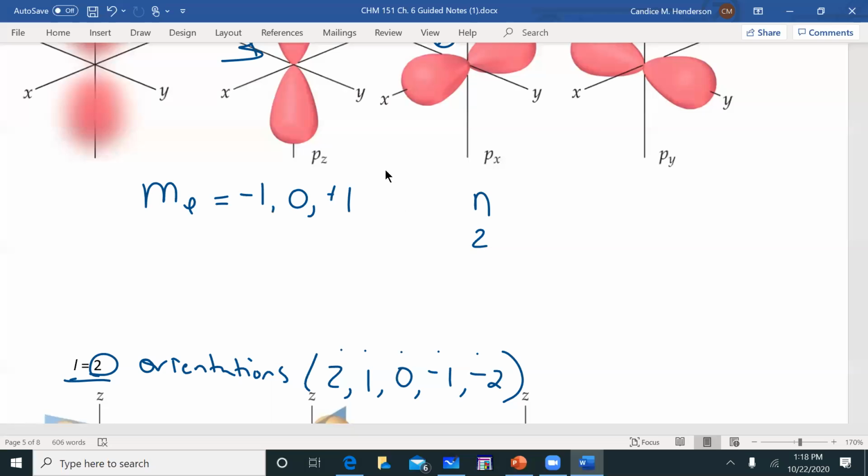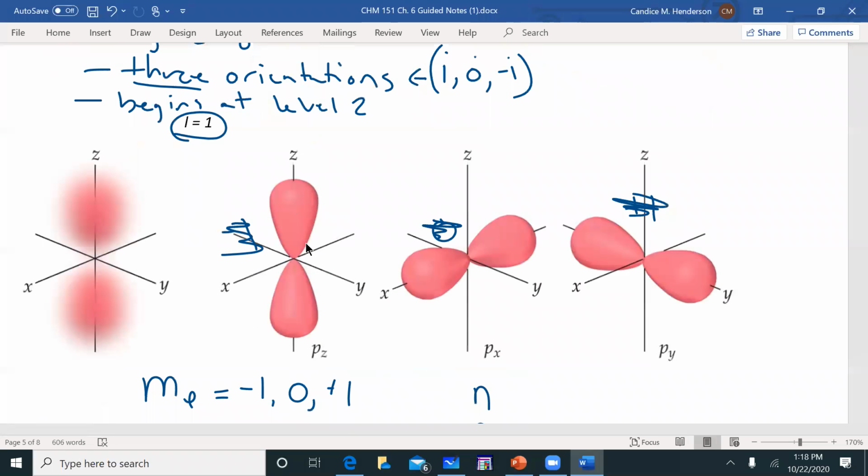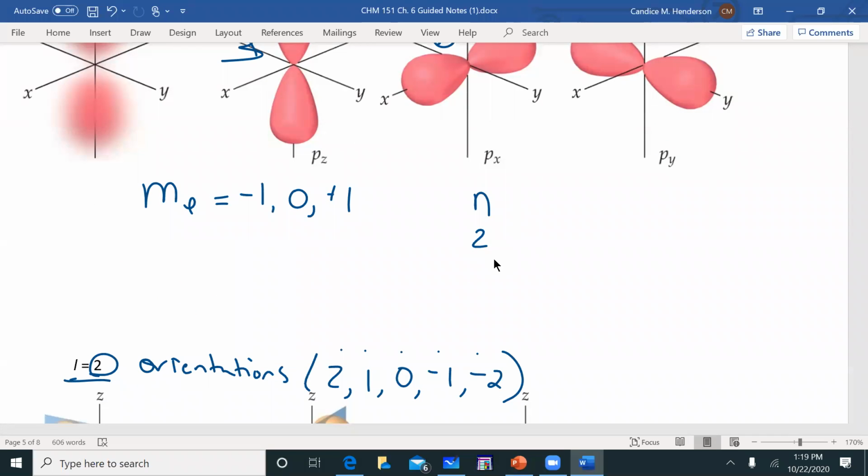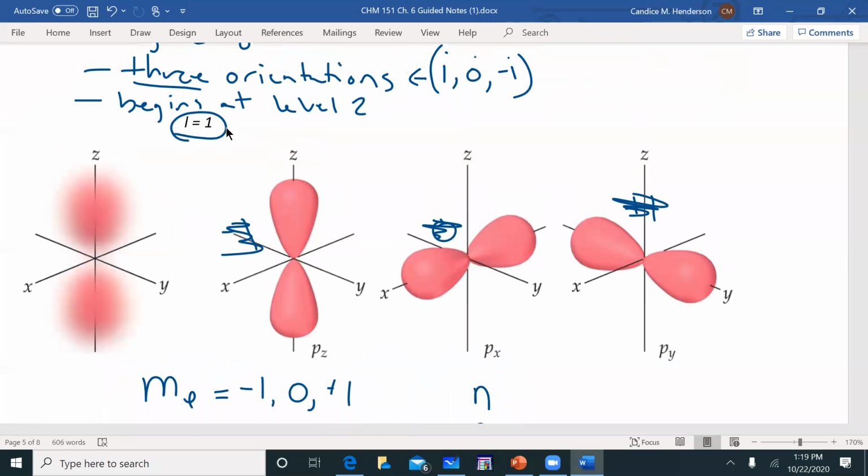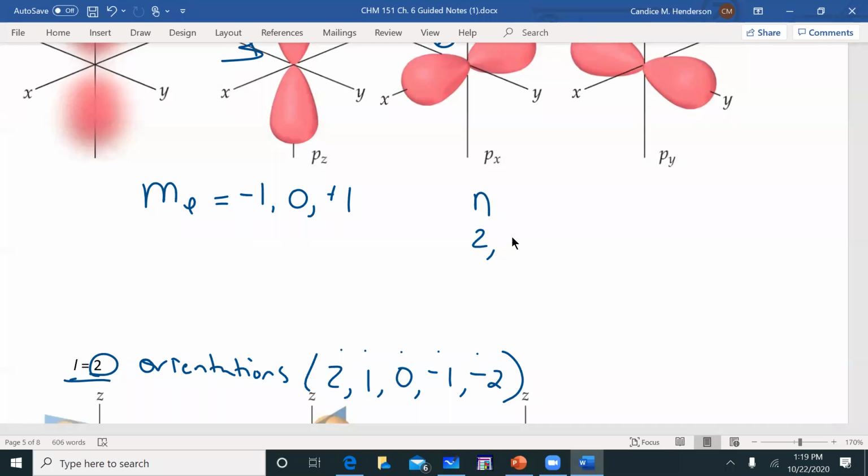I can't have an energy of 1 for the dumbbell. There is no option for this classroom on the first floor. So I have a 2. What is the shape? Well, the shape is a dumbbell. So dumbbell always has the L equals 1. So this is going to be a 1. And then what is my orientation? Well, I have 3 different options. I can be 2, 1, -1. Remember, this is your L value, and then this is your ML value.